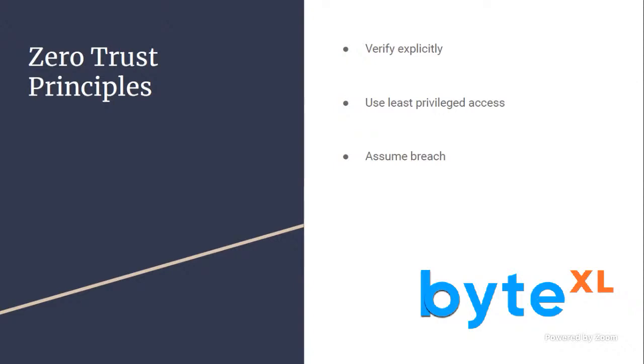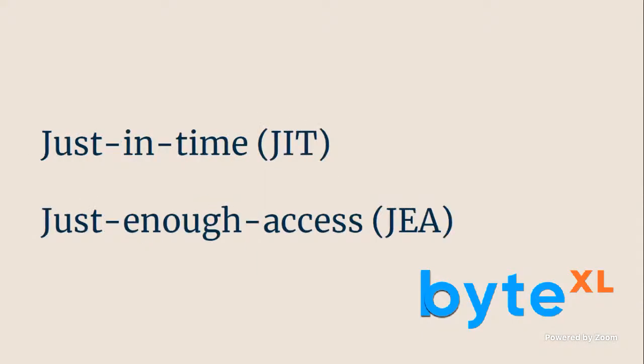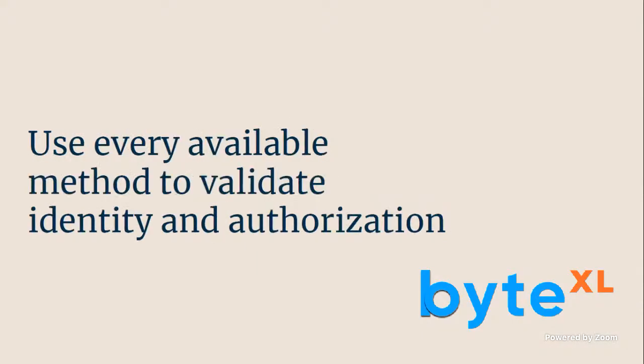Assuming breach means a minimal blast radius and segmented access. It will provide end-to-end encryption and use analytics to get visibility over data, threat detection, and improve defenses. So use every available method to validate identity and authorization.